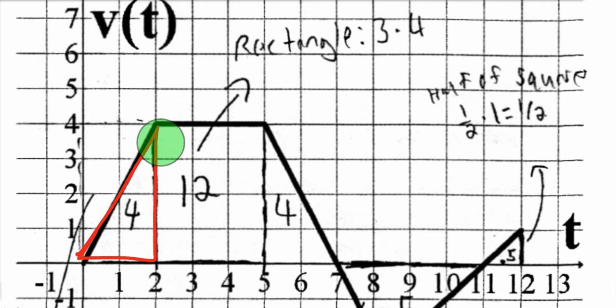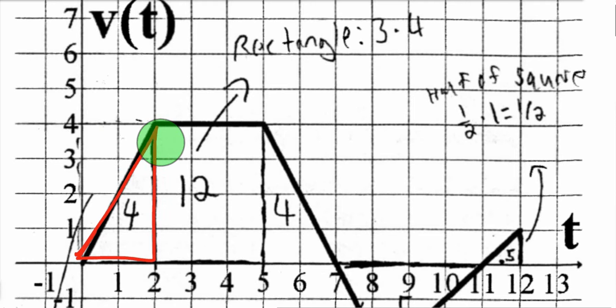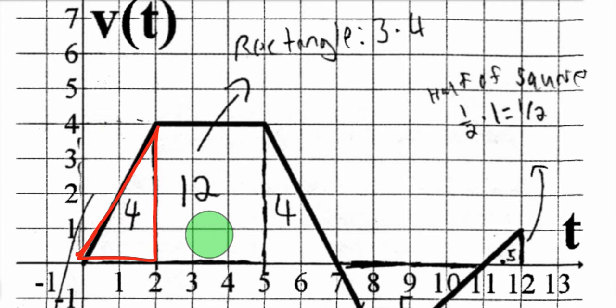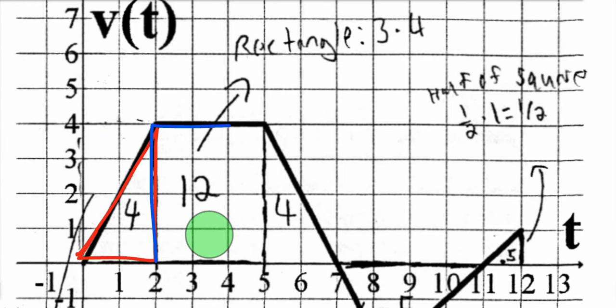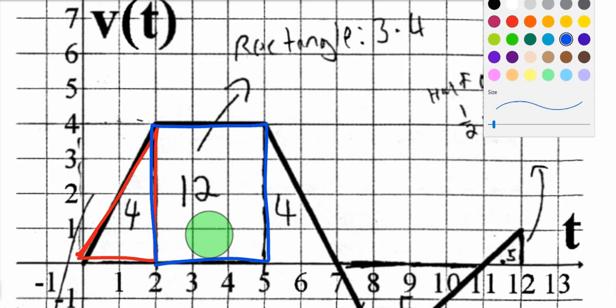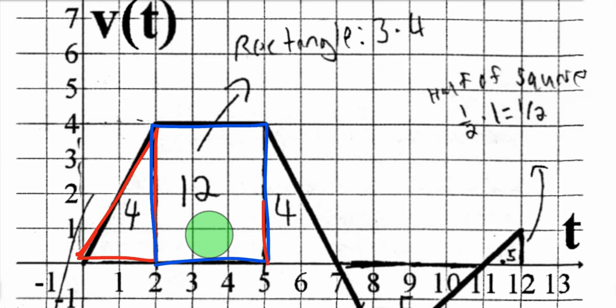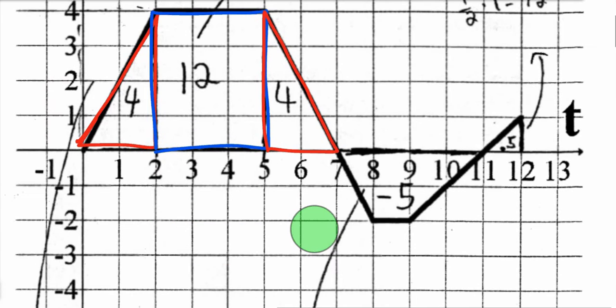Next we have a rectangle, which is a 3 by 4. And obviously the area of that would be 12, 3 times 4. Then we have the same exact triangle as before, but going the reverse way. And again, that's half of this rectangle right here, half of 8 is 4. Or you could use the area of a triangle, either way.